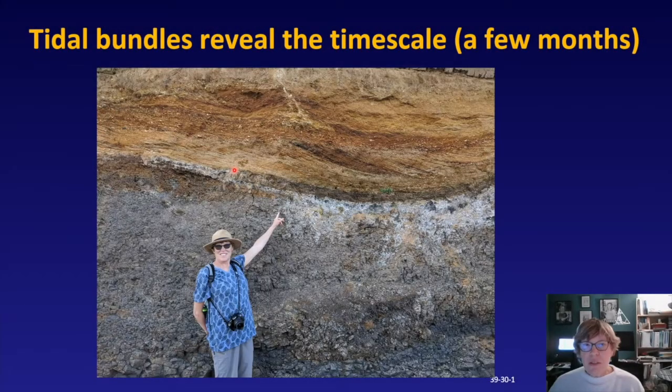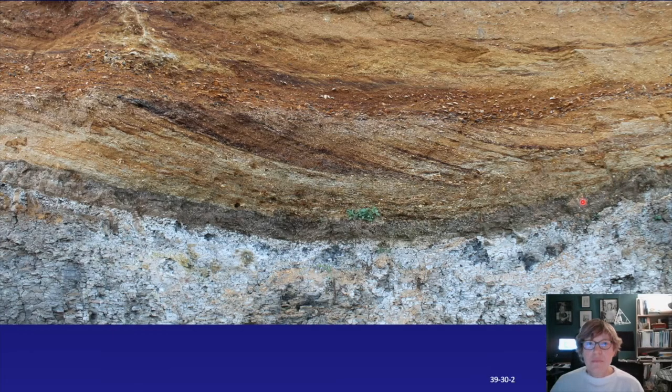So let's look at these bundles in a little more detail. At the point just above my finger here. Tidal crossbeds have a very distinctive structure. Each foreset increment is half a day of sediment, a coarse-grained layer here, followed by a fine-grained layer, representing half a day of rising tide and falling tide.